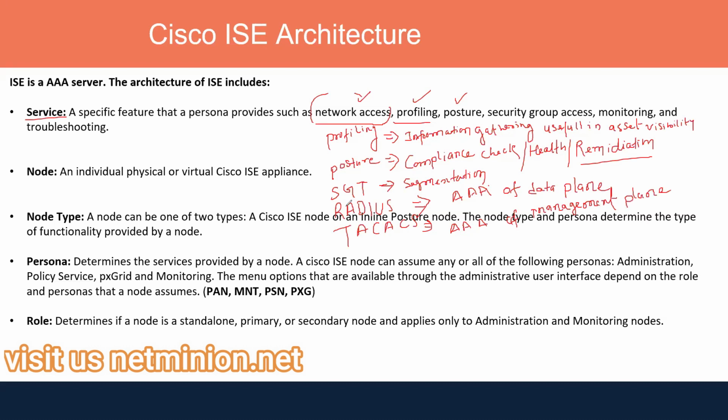So if somebody wants to access the network, on network level authentication we have RADIUS. On device level authentication we have TACACS. As a simple example, let's say I have a user, Bob, with a laptop, and he wants to connect via an access point, so that he can access the network resources and the internet.